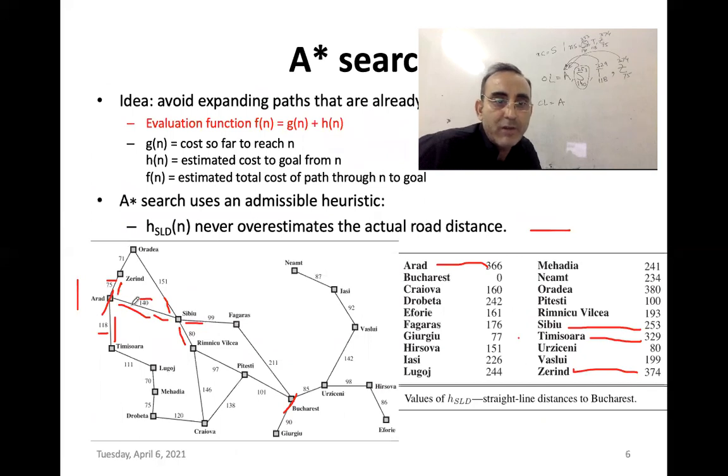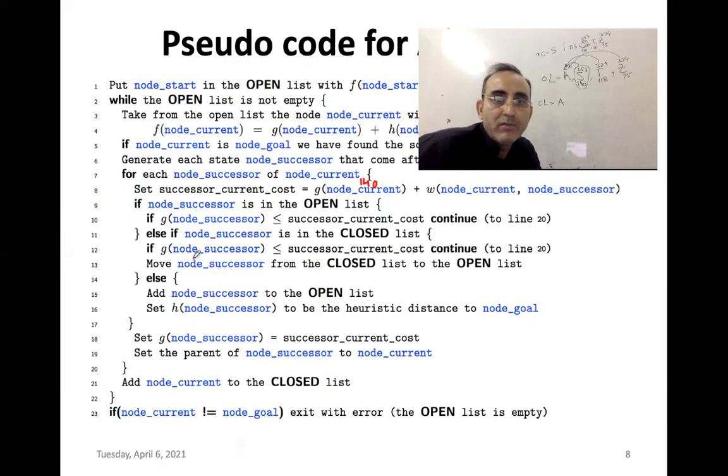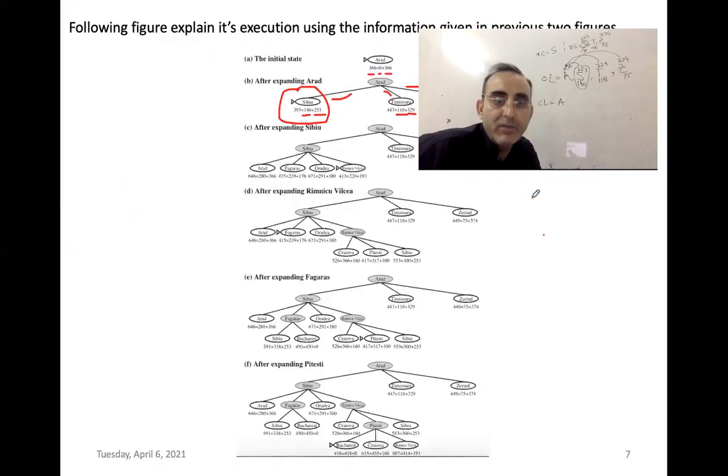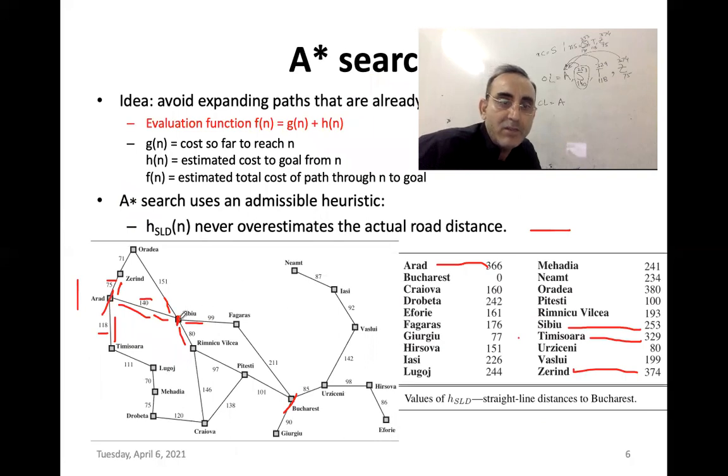You have reached CBU from Arad, and so the actual cost of CBU is now 140. And the weight from CBU to the successor node, the successor is Arad. From CBU to Arad, what is the weight?